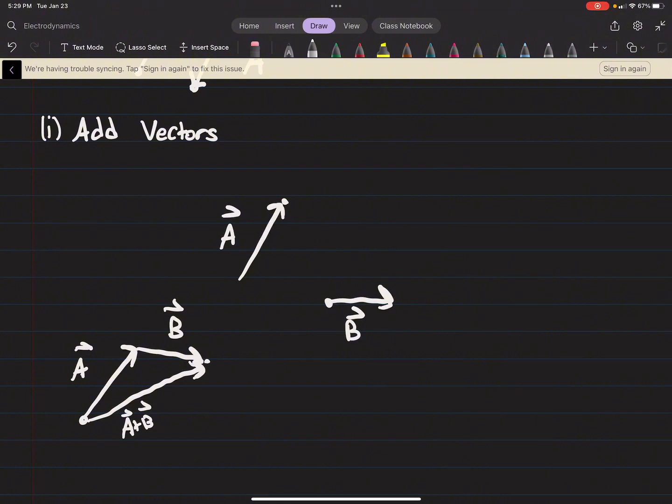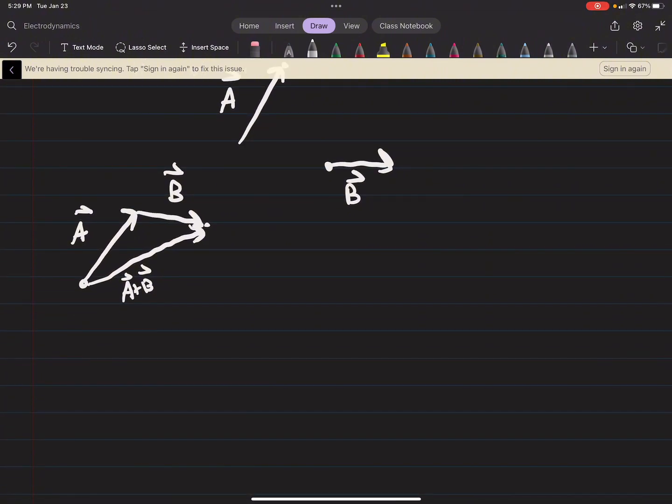So that's kind of graphically how you do that. One cool thing to note about vector addition is that it is commutative. So vector A plus vector B is the exact same thing as vector B plus vector A. You can kind of see, we did that over here.